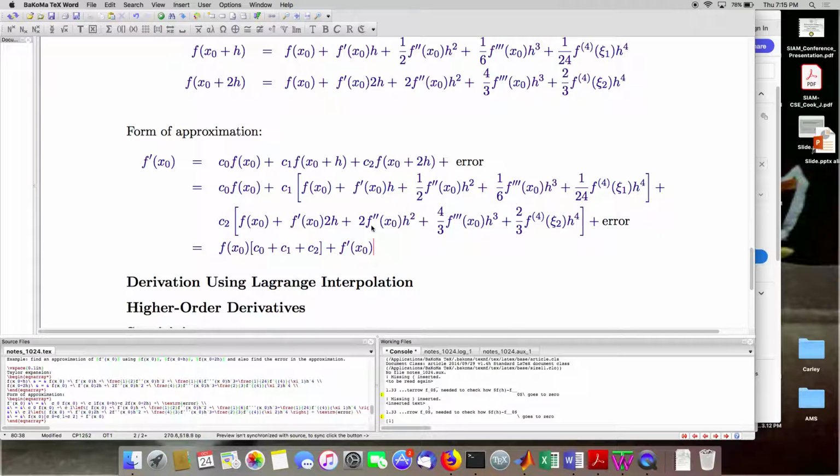Now do the same thing for f prime of x naught. Here we're only going to have two terms: C1 times h, and then C2 times 2h.